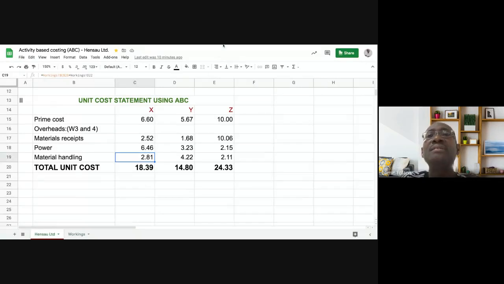Hello, yes? Yes, sir. I want to say, maybe after the class, you download the spreadsheet as Excel, then share it with the class so that we can also have broader knowledge of it, because some of us are practicing it and you have to concentrate on the class also. Okay, no problem. You're right. After the class, I'll do three things.